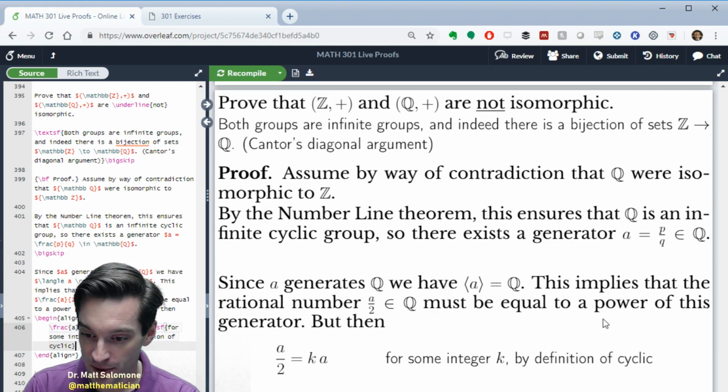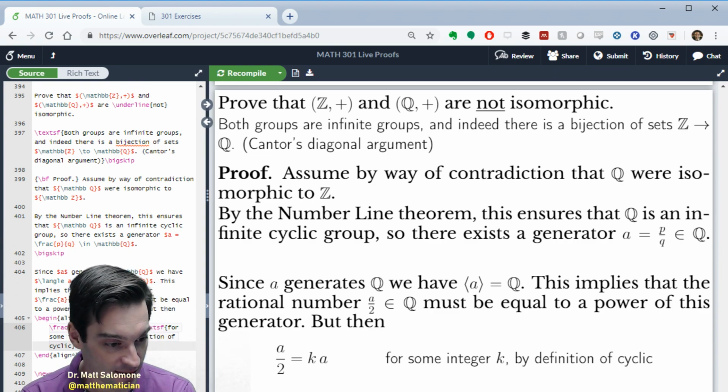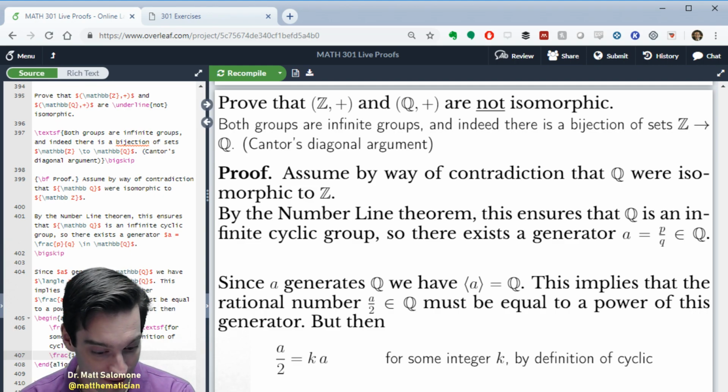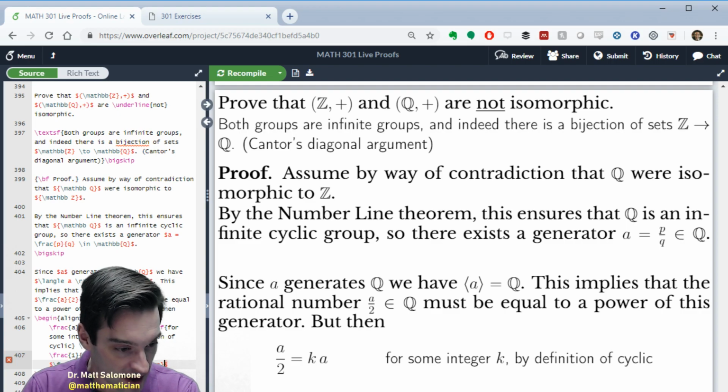A over 2 must be equal to some integer multiple of A. But the only k which satisfies this is k equals 1/2. The only rational number k that satisfies this is k equals 1/2. But 1/2 is not an integer. And that's my contradiction.